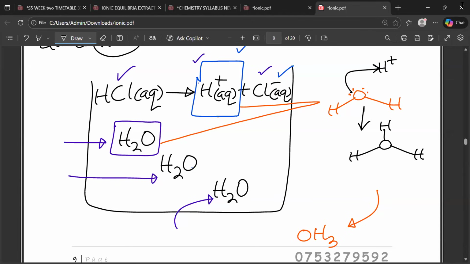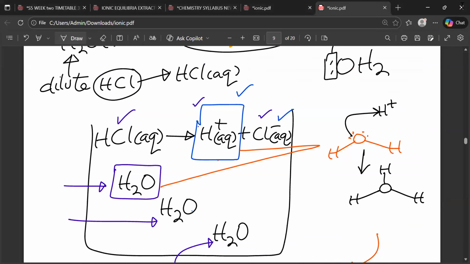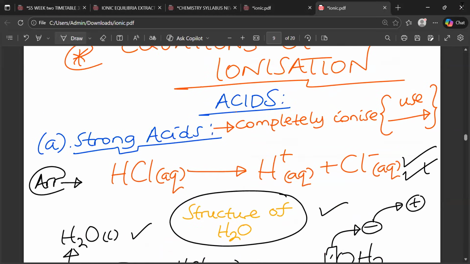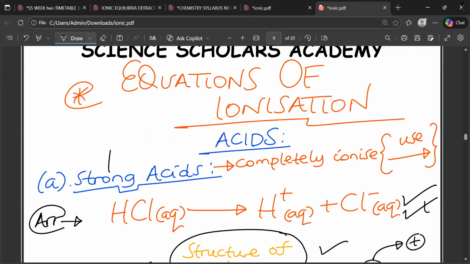What do you think is happening? Are people giving me answers in the chat? A positive sign, a portion will be lost. Something is missing, a plus is missing on oxygen. Exactly. I remember training you very well, and I told you that in chemistry, strong acids, strictly and strictly, they should be what? Dilute.